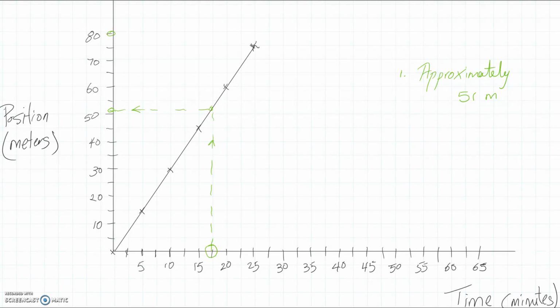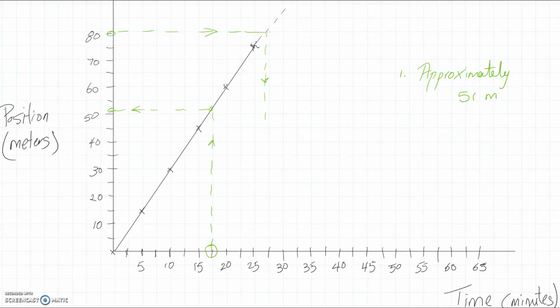So using a ruler, we would extend our trend line, using a hash mark so that it goes beyond 80 meters, and then we would come back and do the same thing. Find 80 meters, come across to where it hits our trend line, then we would go down. Again, you would use a ruler, so yours would be more accurate than mine.